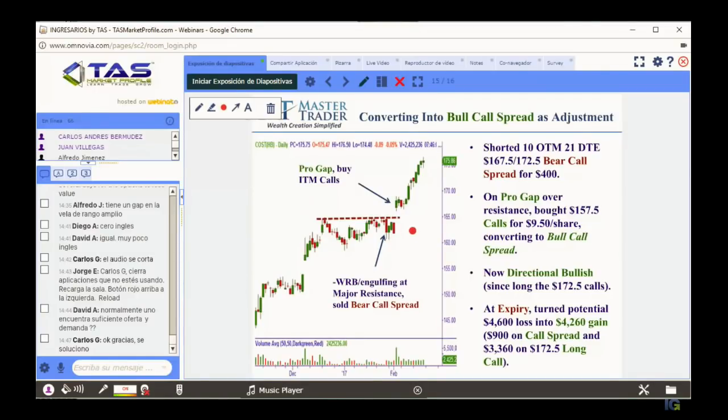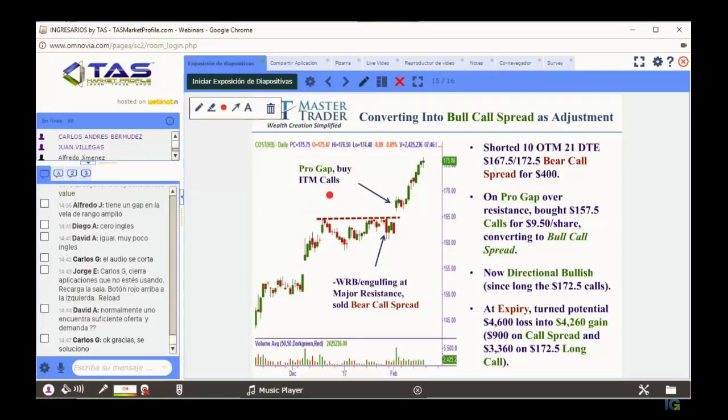So at the arrow on the bottom of the chart, that one exactly, at that point in time, we sold a bear call spread and we made a bet, so to speak, that this stock is going to stay range bound or it's going to fall, but it's not going higher. That's the bet we made, and you don't win every trade, and this one gapped above resistance, and that's a professional gap.